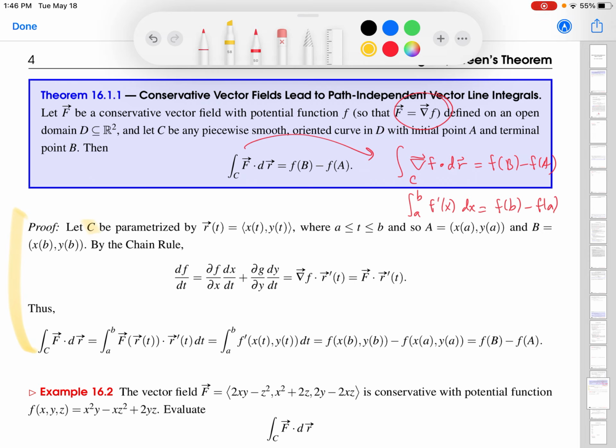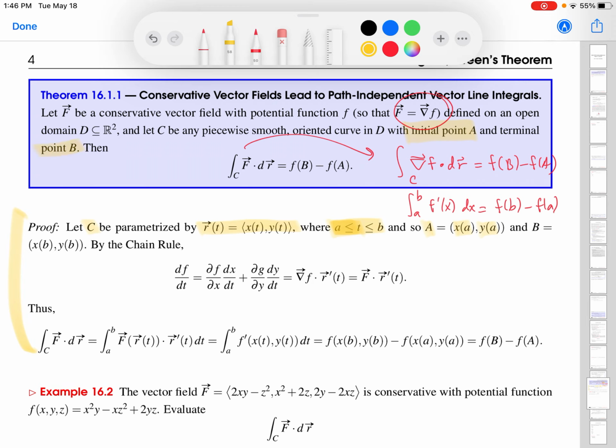The curve C, we're going to assume, is parametrized by x of t, y of t, where t is between a and b. In the theorem, there's an assumption that the initial point is capital A. So capital A must be the x and y coordinates for t equals a, the start of this curve.